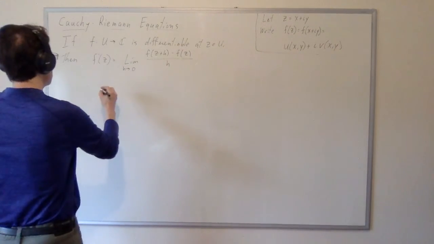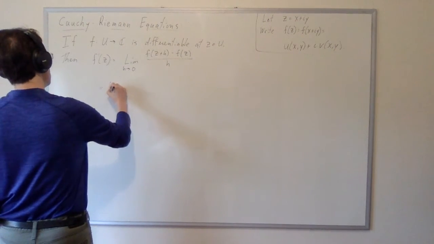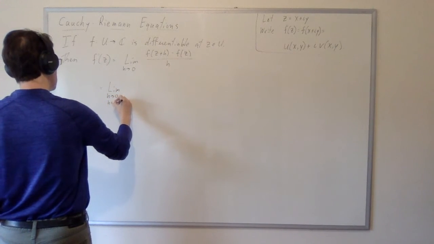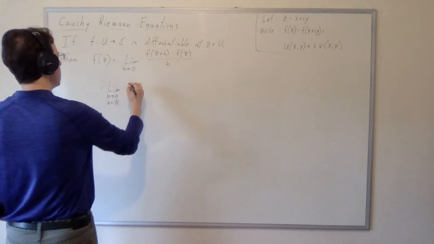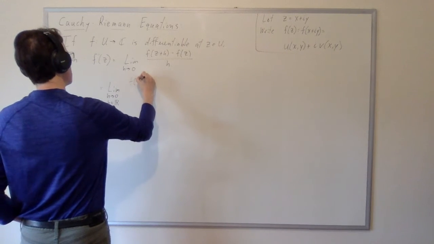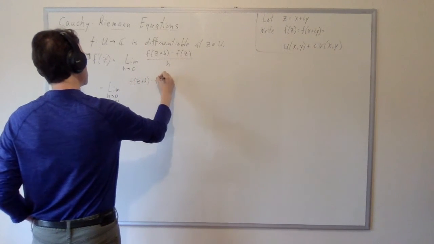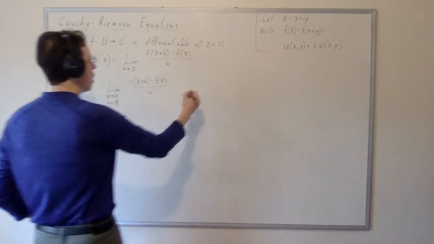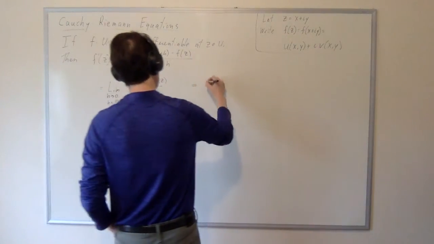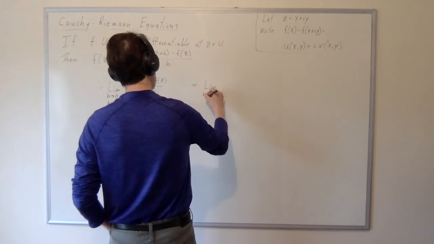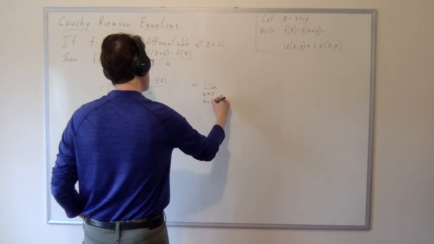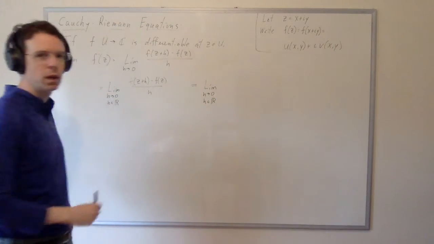And so we can say that this limit is equal to the limit as h goes to 0, h in the real numbers, of f of z plus h minus f of z over h. And it is also equal to the limit as h goes to 0. Here, I'm going to put h in the real numbers again. That might seem like I'm doing this wrong.